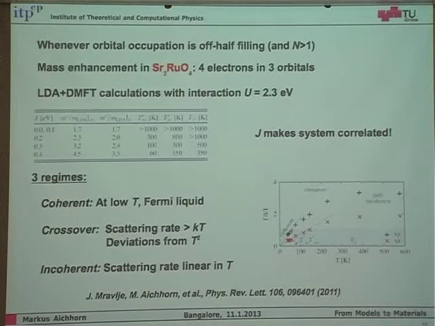And then you have these 3 regimes in this calculation. At low temperatures, which is basically here, you have a Fermi-liquid regime below 30 Kelvin. Then you have a crossover regime where the scattering rate is larger than kT and you have deviations from T squared, so you have no Fermi liquid anymore. And then you have a completely incoherent regime where the scattering is linear in T. It's here, this flat regime.